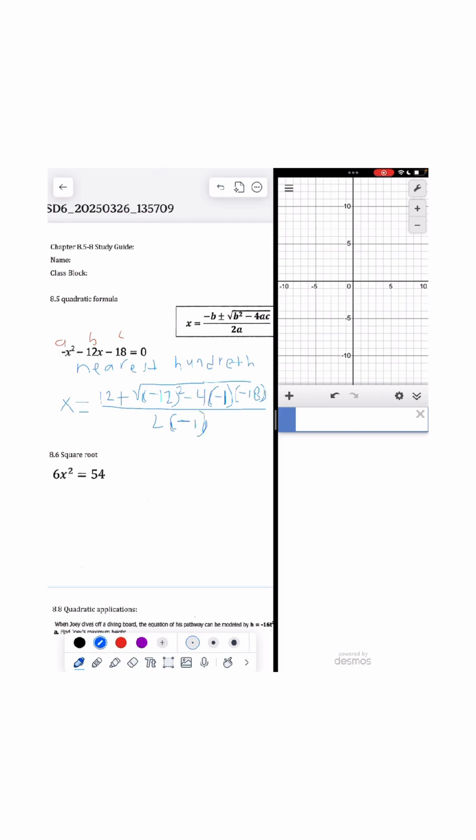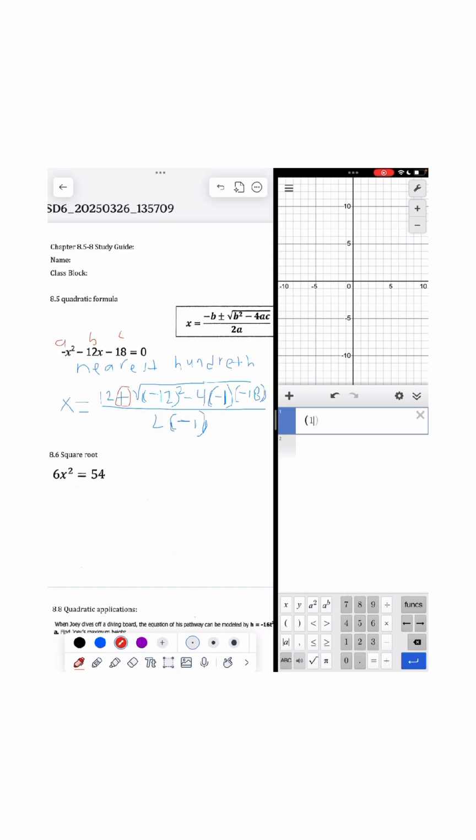All right, so I'm going to plug this whole equation into Desmos. The only thing I'm going to change from each equation is this part right there, okay? One equation I'm going to have a plus, one equation I'm going to have a minus, so I'm going to go ahead and plug that equation onto Desmos. But everything up top, I'm going to put inside a huge set of parentheses, so that way Desmos can split it up.